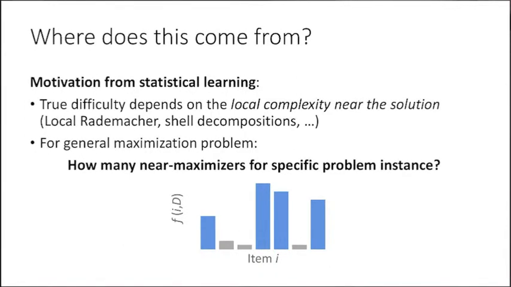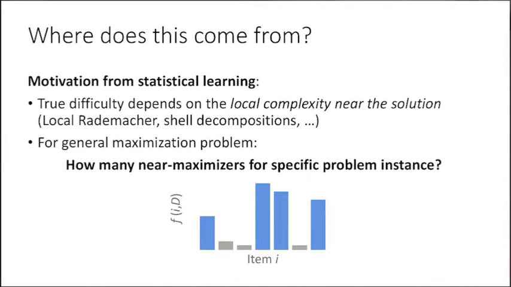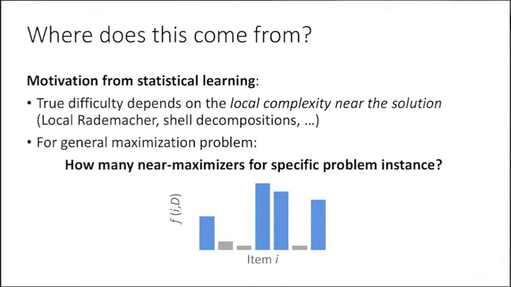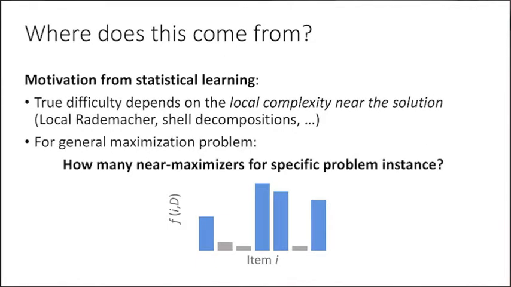This has appeared in the forms of things called local Rademacher complexities or shell decomposition bounds. So in general, for this kind of general maximization problem, it seems like the real complexity of the problem is how many near maximizers there are for a particular problem instance.